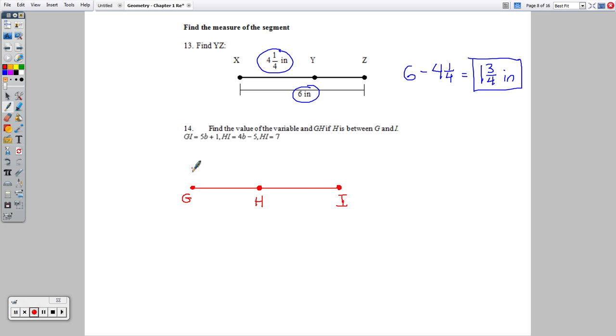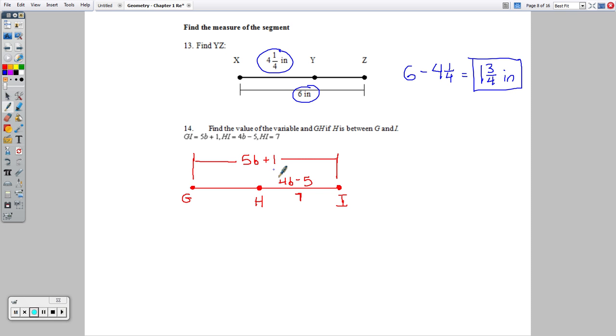And GI is 5b plus 1. So the whole length then is 5b plus 1. HI is 4b minus 5. And HI is also equal to 7. So I'll put that underneath. So I can think of HI as 7. I can think of HI as 4b minus 5.